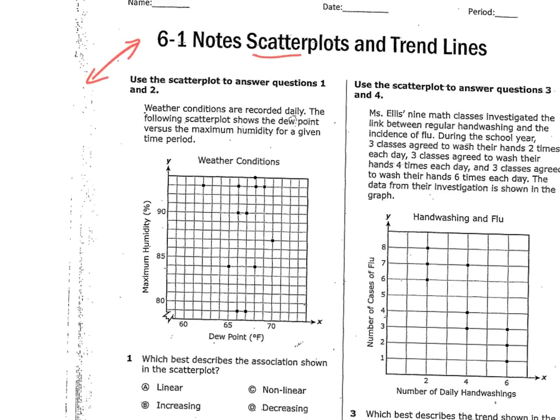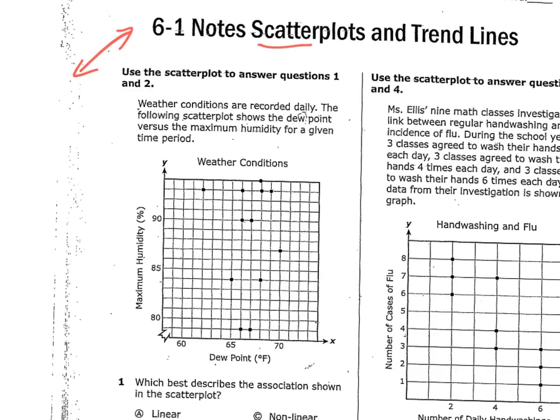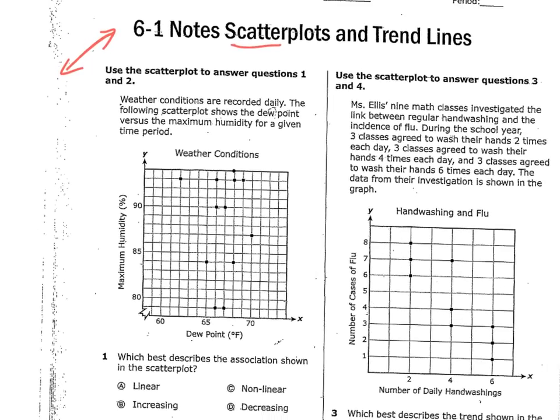And typically they'll have a trend, like you'll have a bunch of dots either going in the positive manner or in a negative, something like that. But for now, we're just going to look at these to see if they're linear or nonlinear.